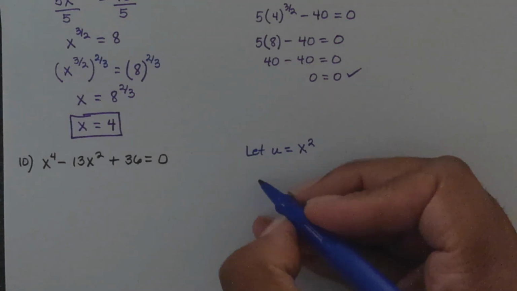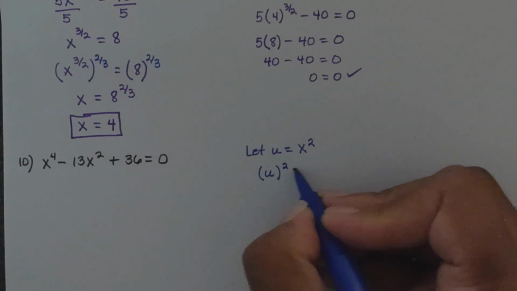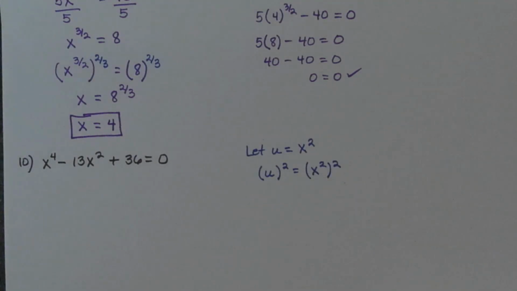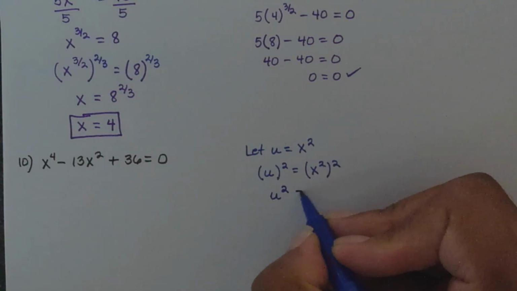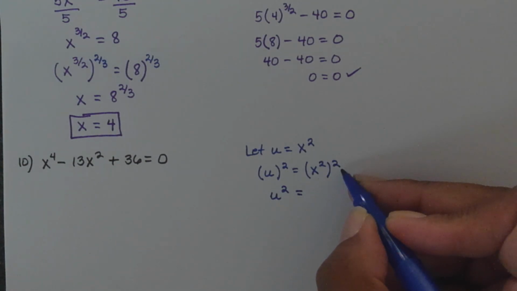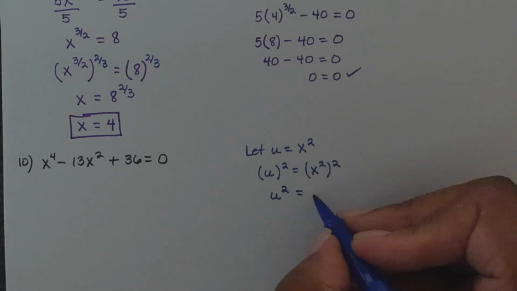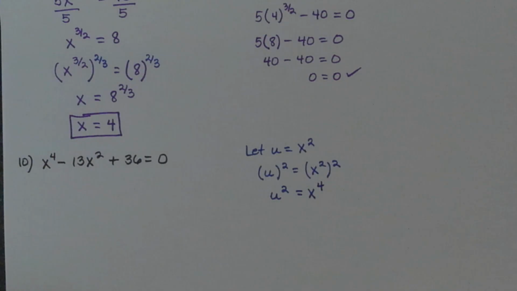And then I'm going to square both sides of this equation. So u squared is equal to, when we raise a power to a power, we multiply the exponents. So x squared, and we square it, is x to the fourth.